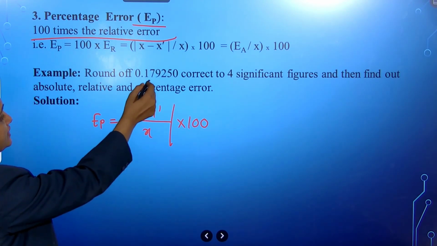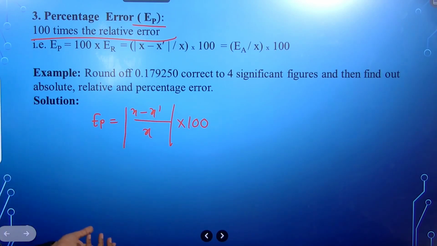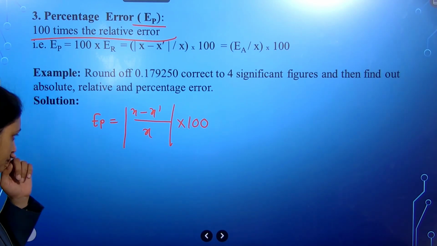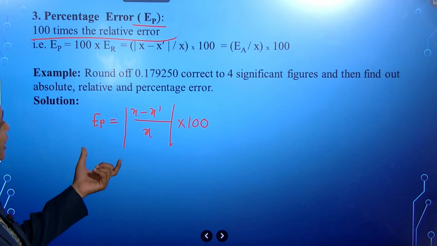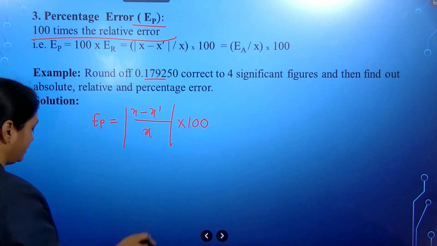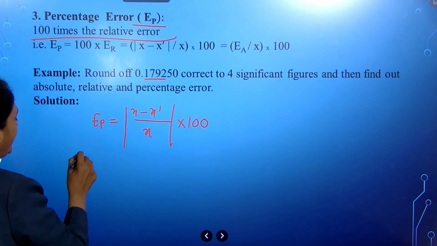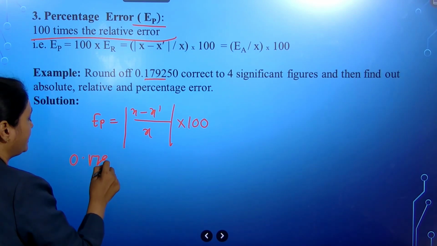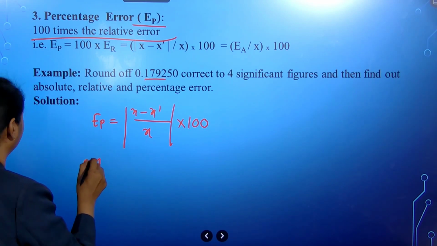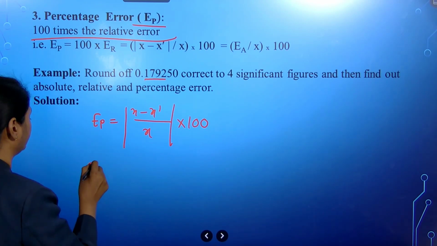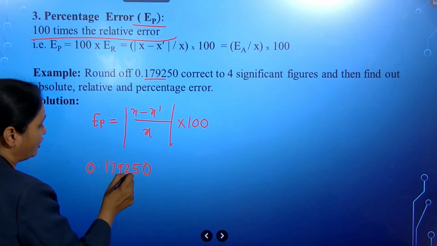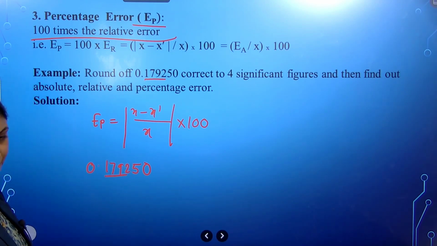Round off 0.179250 correct to four significant figures and then find out the absolute, relative and percentage error. Now first we will round off the number to 4 significant figures, that means up to 2. So 0.17950, rounded to 4 significant figures.